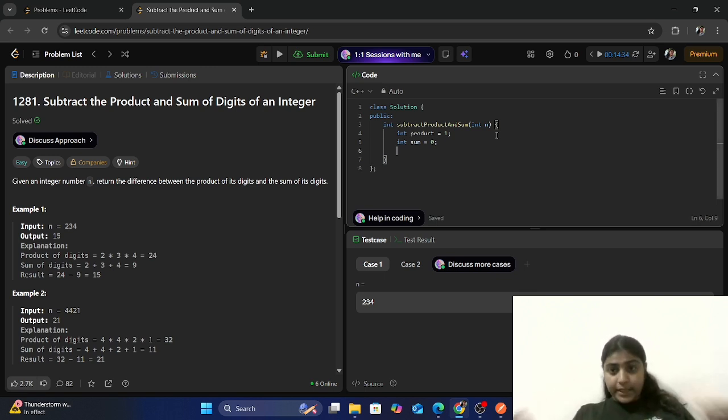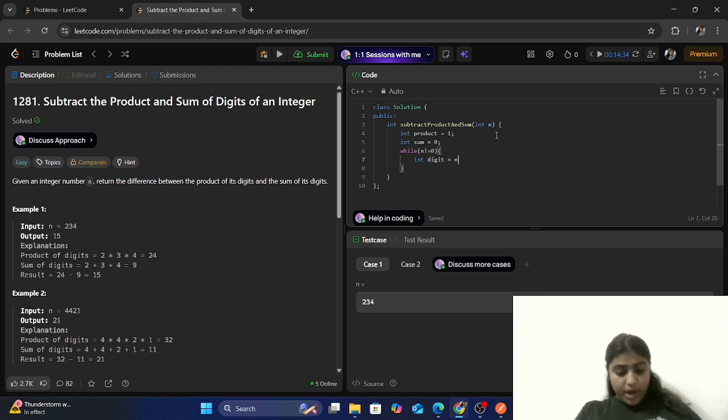Then we will loop until n becomes 0, extracting the digits. So while n is not equal to 0, we will compute digit equal to n modulo 10.